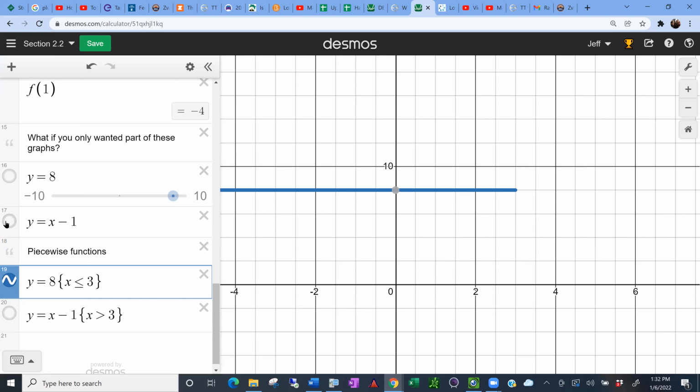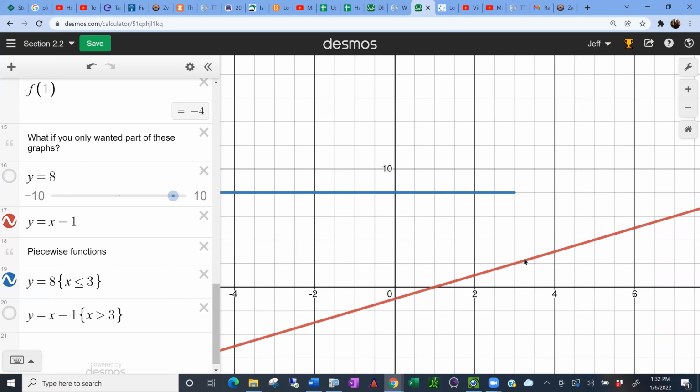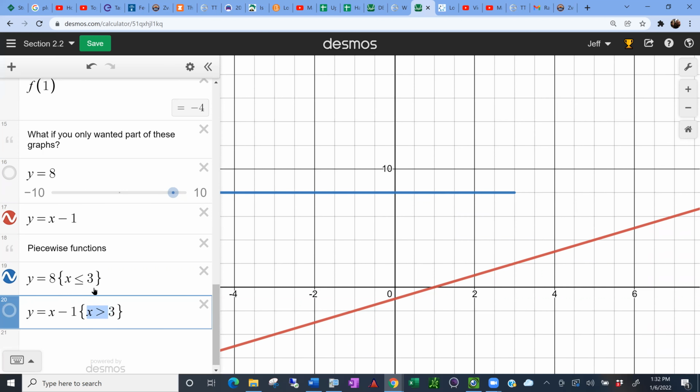So let me shut off this one. And really, I only want this part of the graph that starts right here at 3. I want everything to the right of that, which reflects x greater than 3. So we'll shut this off and turn this on, and bam, there you go.